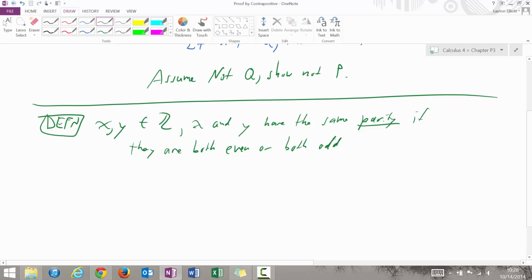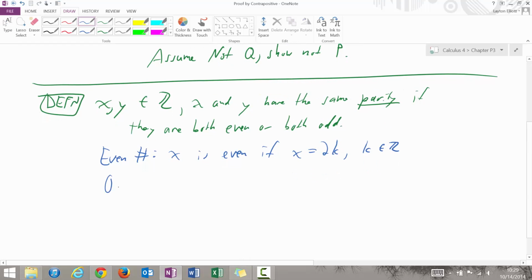Parity refers to evenness. And the specifics of why I did a longer definition is because for even numbers, x is even if x is equal to 2k for some k that's an integer.